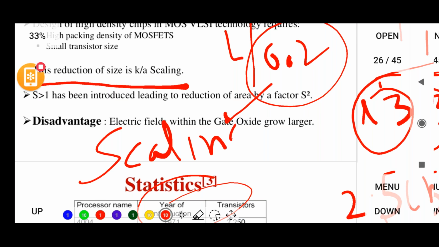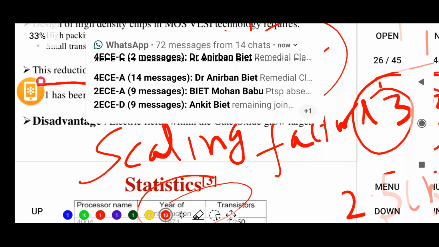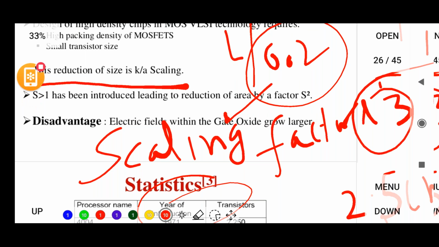So you have to decide first how much factor you have to reduce by. Maybe 0.2, or maybe 0.3, or maybe 0.4, anything is possible. Everything is based on your scaling factor.